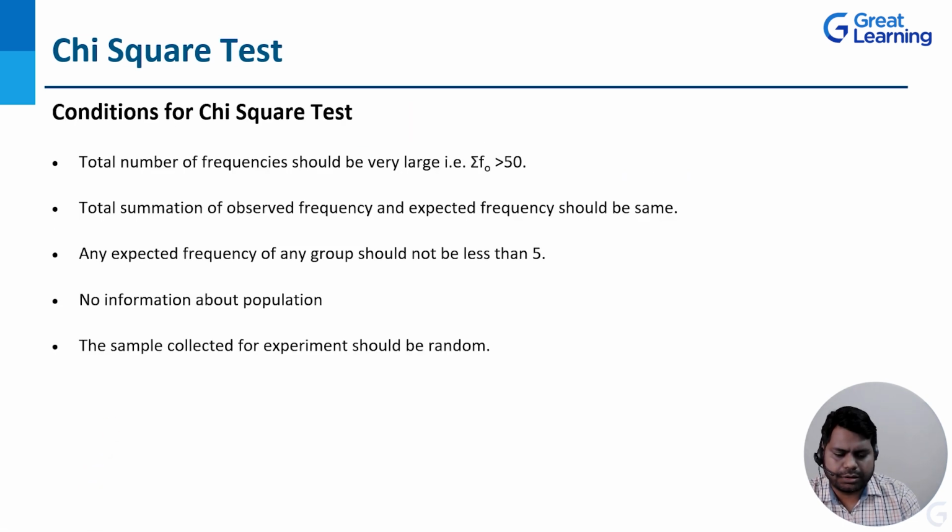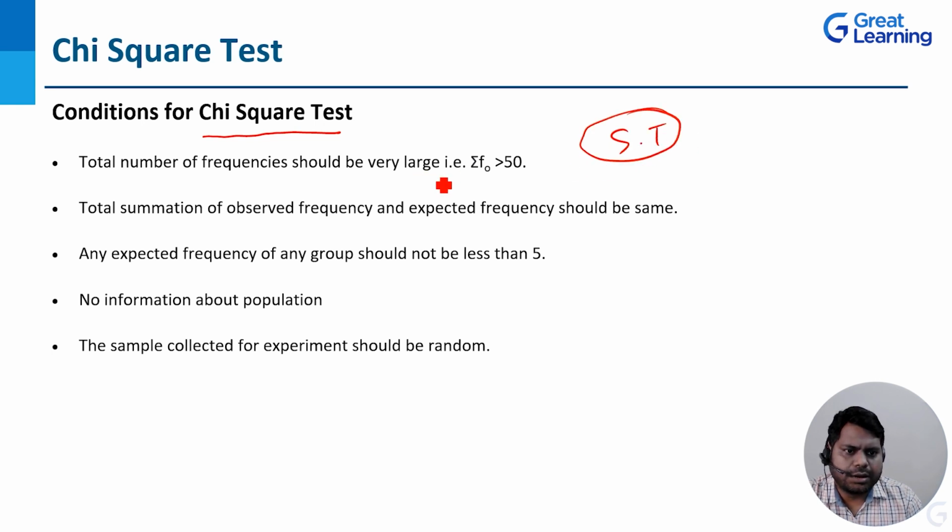So moving on. Now let's look into what conditions we need to have before applying a chi-square test. Whenever we are applying any statistical test, we need to take care of what the conditions are and whether the data set is following those conditions. If it is following those conditions, then only we can apply the test.